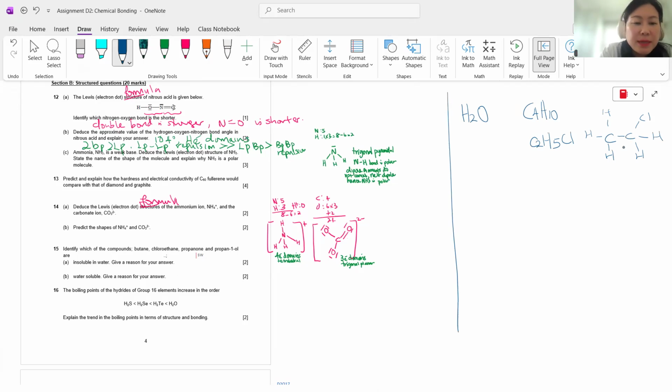Okay, that's chloroethane. And we have propanone. Propanone looks like this. Let me draw out the structure for you. And the last, we have propan-1-ol, which looks like this.